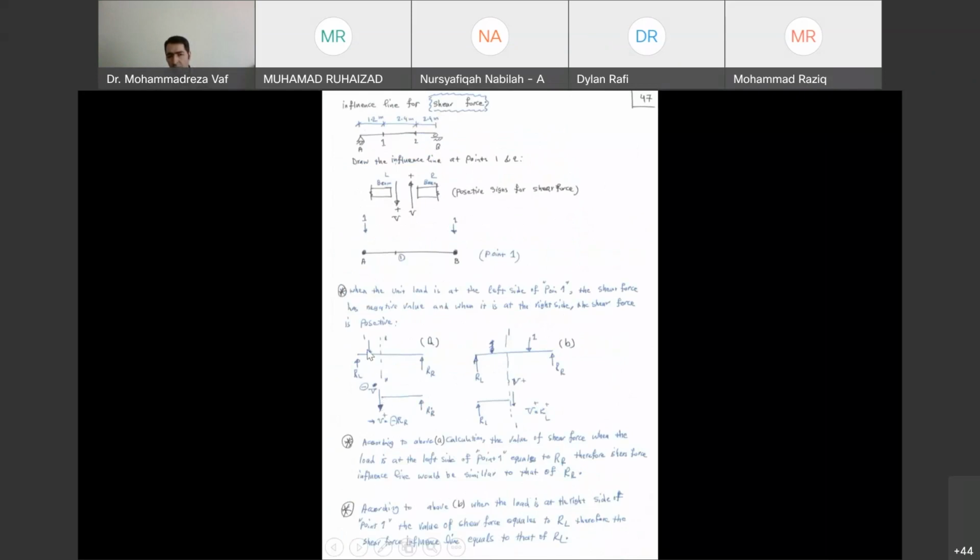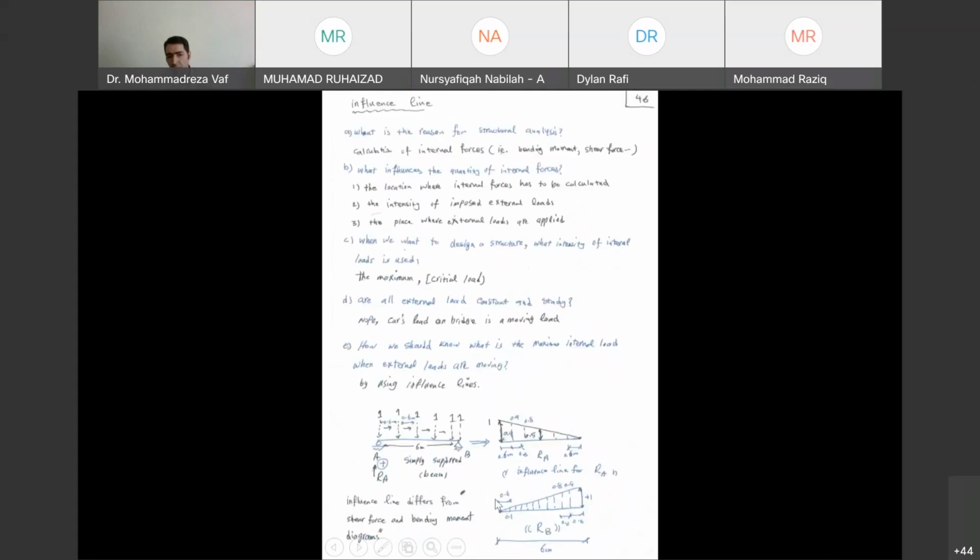According to our calculation, when the load is between A and 1, our shear force equals the value of the influence line in the left side, but with negative sign. So from point A to point 1, meaning this area, our shear force influence line should equal the support reaction's influence line, but with negative sign. So it should be similar to this, but going down.